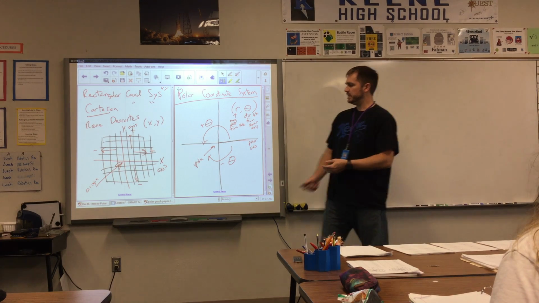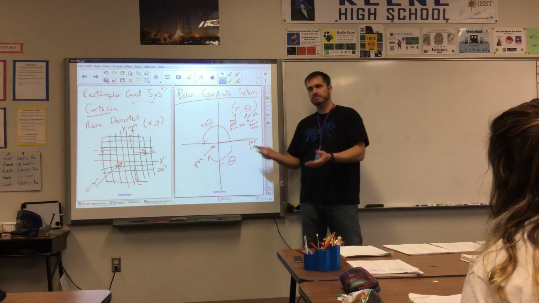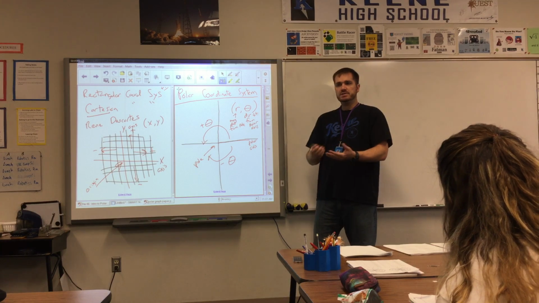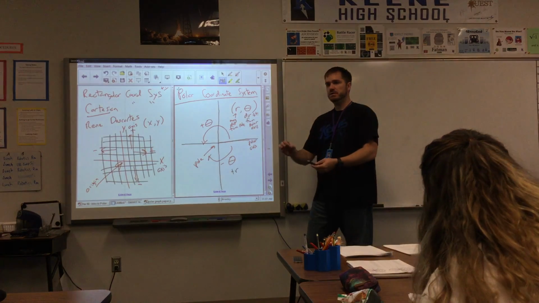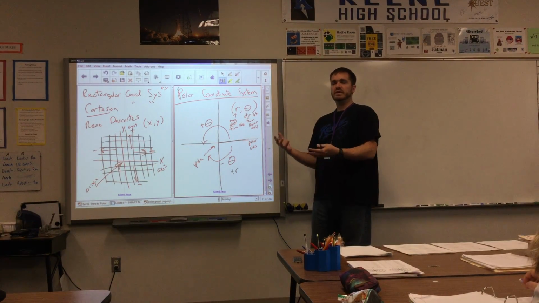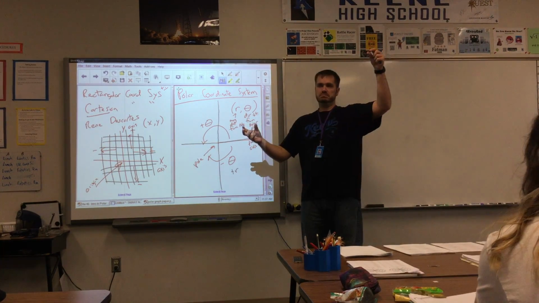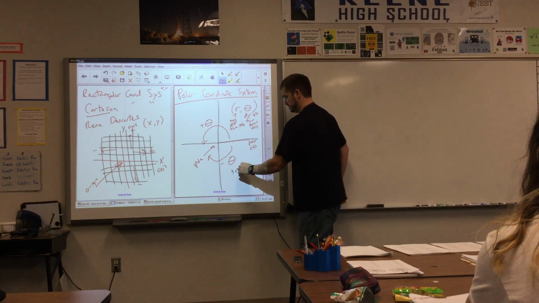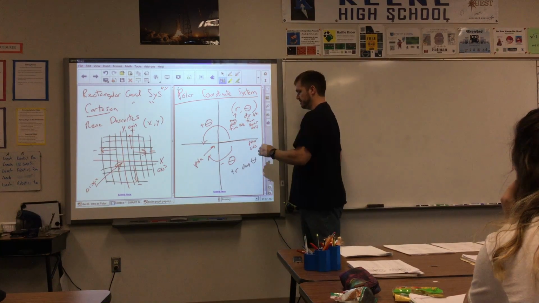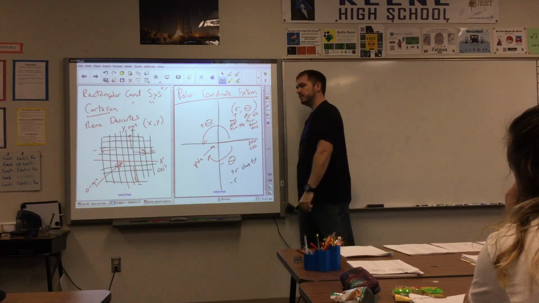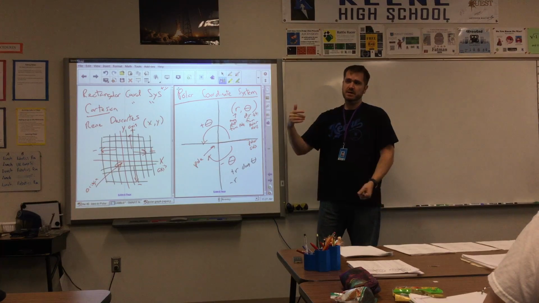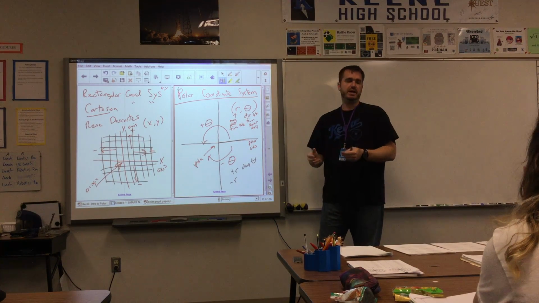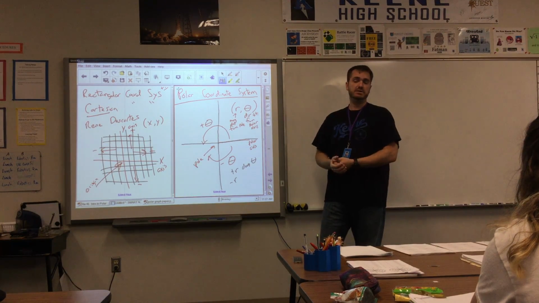Like we said, R is the magnitude distance from the pole. Positive R means along that theta. A negative R value, which we've never really had before. I've always told you that the magnitude always has to be positive, but with polar coordinates, you are allowed to have negative magnitude values.